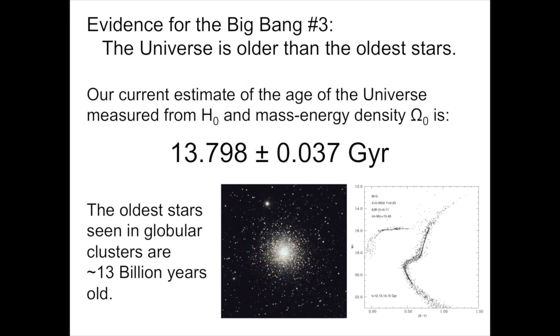At no place in the universe have we ever found convincing evidence of stars or objects that are older than the universe. This would either be a logical inconsistency or evidence that the expansion phase that we're in now began late in the age of the universe. And so, evidence number three is the universe is older than the oldest of its contents that we can see.